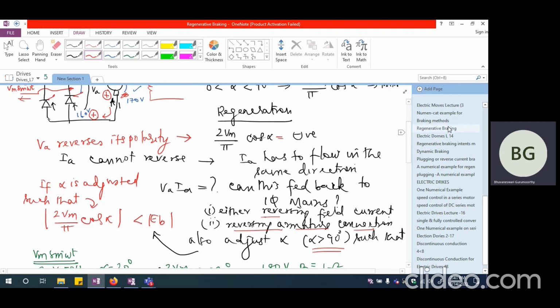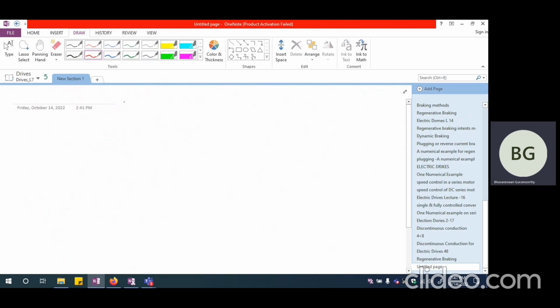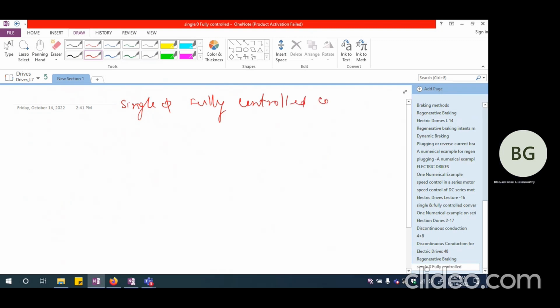And that is the reason why we say that the single phase fully controlled converter will be in a position to offer two quadrants of operation.